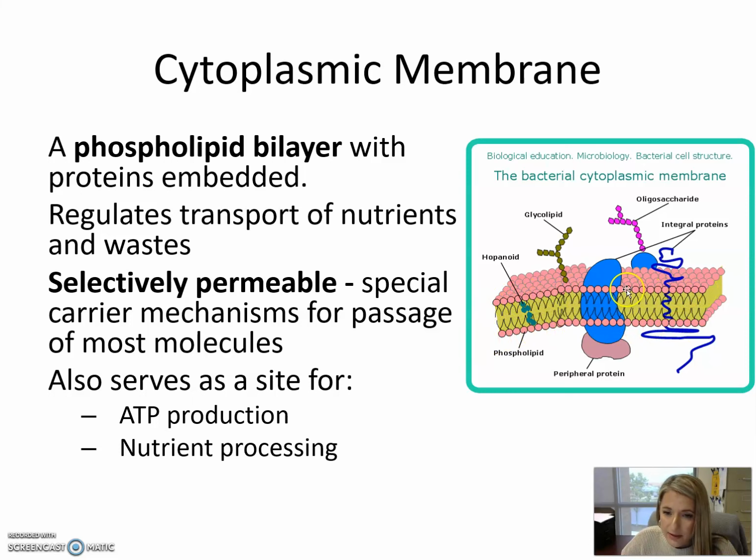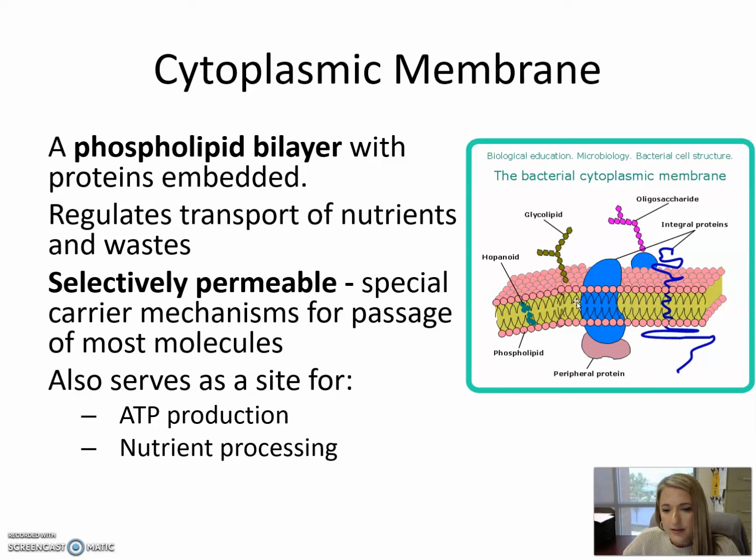So here's a layer of phospholipids here, here's a layer of phospholipids here. They're arranged in this bilayer based on association with water, but it is a double layer of phospholipids. And then typically in the cell membrane, there are proteins embedded that can help with things like transport.